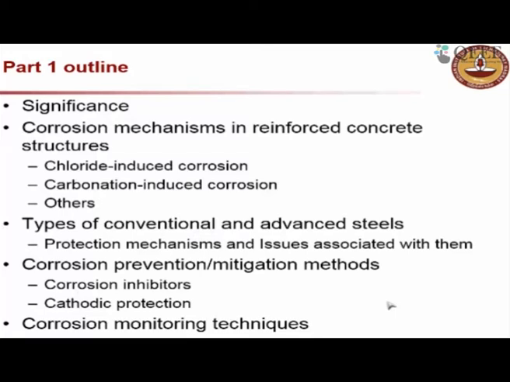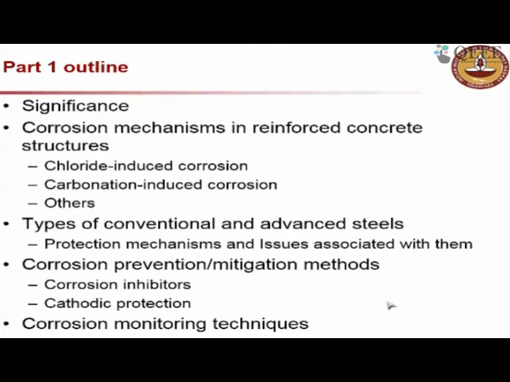We will first cover why we have to worry about corrosion, or what the significance of corrosion is, and then we will go into the various mechanisms of corrosion in reinforced concrete structures, in which we will cover 2 major deterioration mechanisms, chloride induced corrosion and carbonation induced corrosion, and we will also cover some other reasons by which steel in the concrete can corrode.